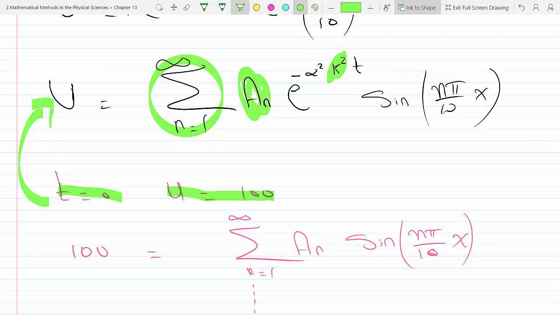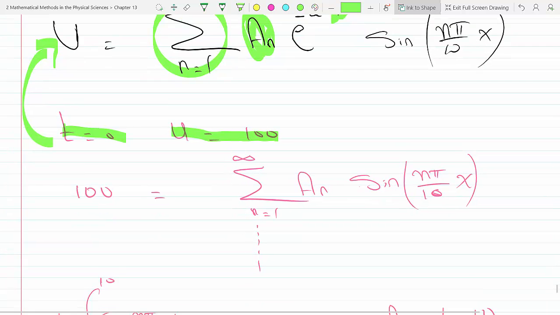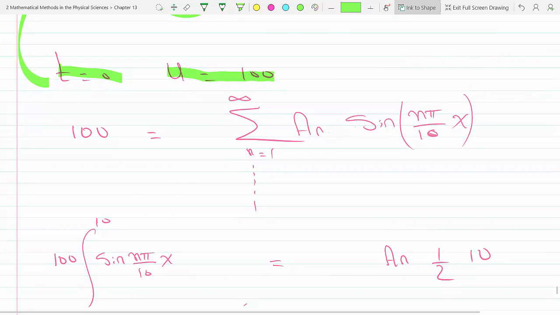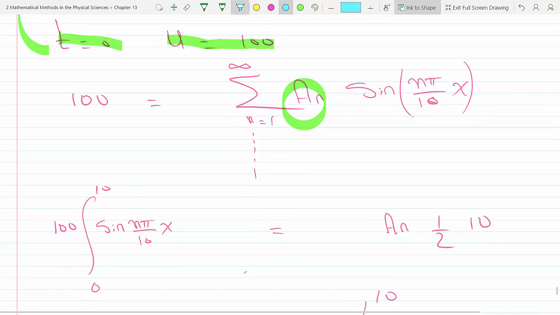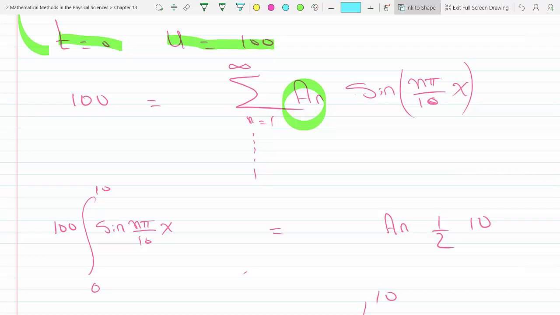Now if you plug in 0 here, this guy becomes 1, yeah? e to the 0 is 1, and you get an sine n pi x over 10. Now the objective is to find out what this is, okay? And for that, I'm gonna use the Fourier trick.